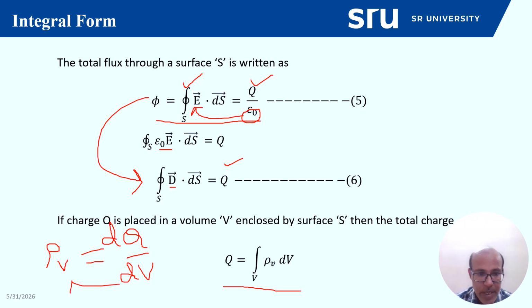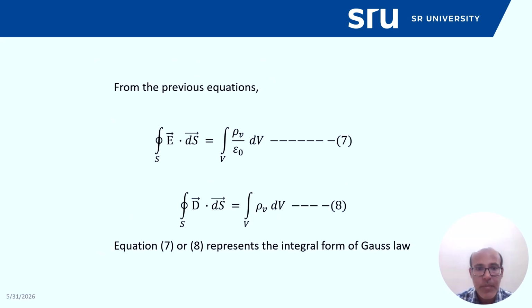If you multiply by rho v dv, that is dq. If you want the total, integrate that. Integral dq is q and integral rho v dv is what is remaining. So this value of q I want to substitute here, so that the right hand side also is written with the help of integration. So it becomes the integral form of Gauss law.